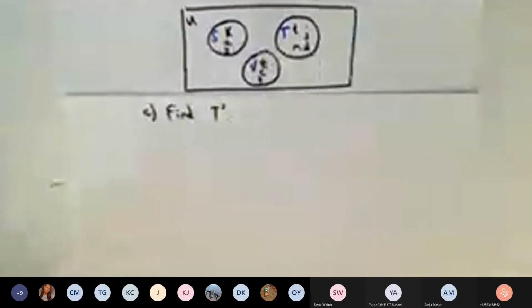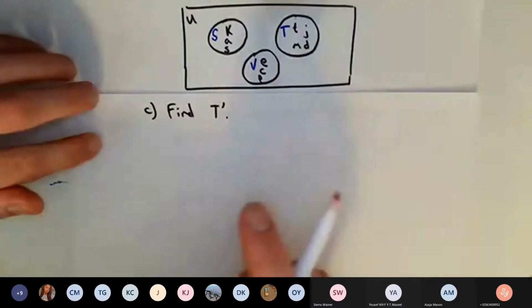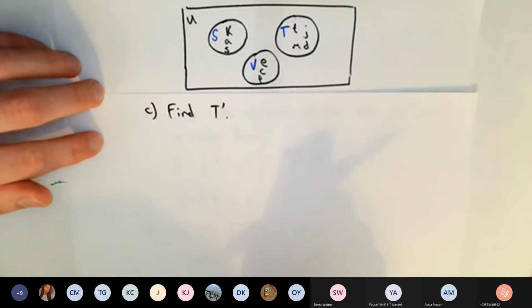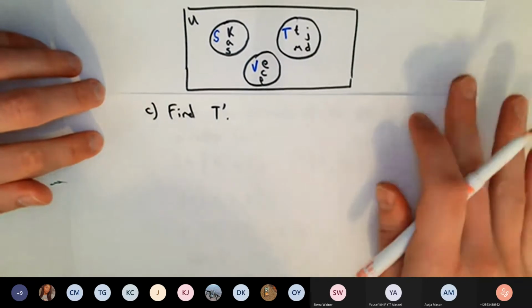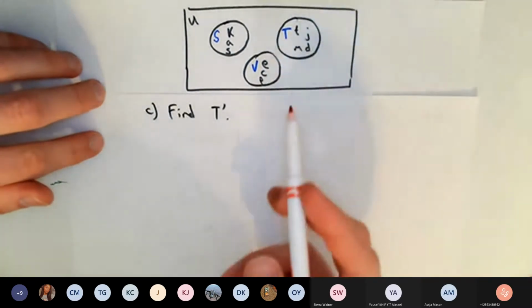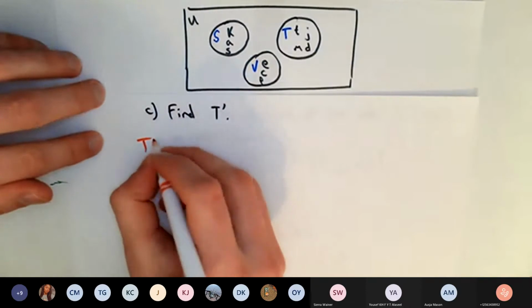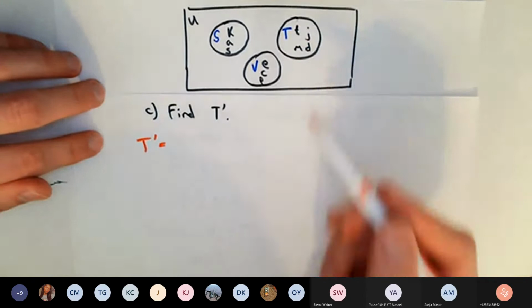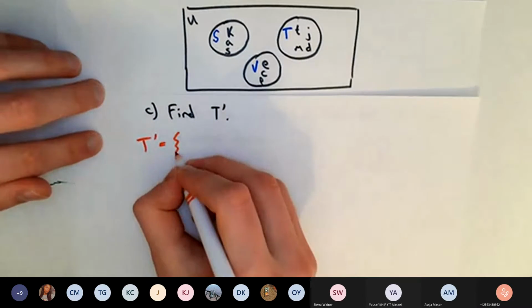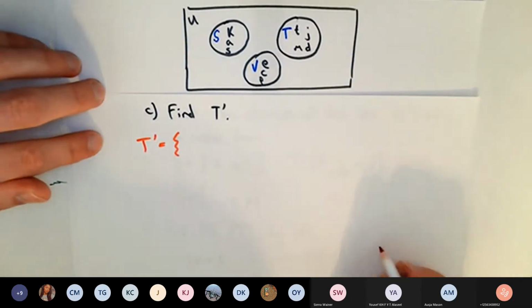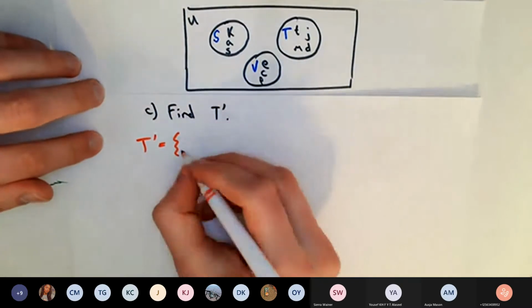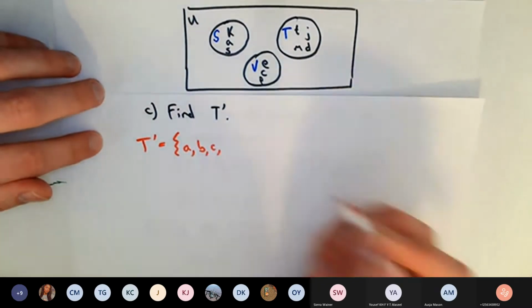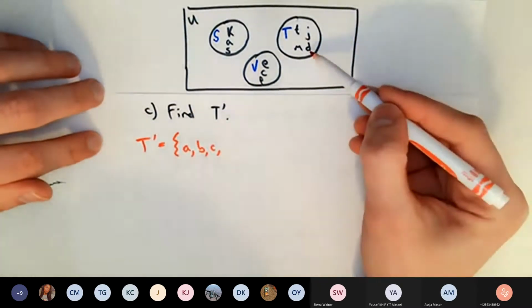Okay, so let's say we want to find T complement. We consider the universal set is the set of all English alphabet letters. And then the set T just has these 4 elements. So what I'm going to do for T complement is list the entire alphabet, but subtracting T, J, M, and D. So this will be a pretty long list. I'll probably stack it. We'll start off with A, B, C. Not going to write D because D is in there.